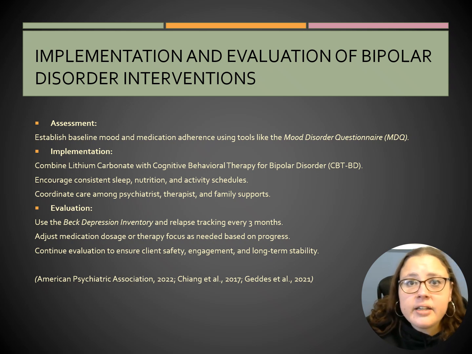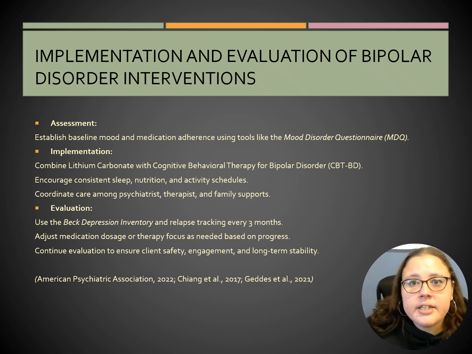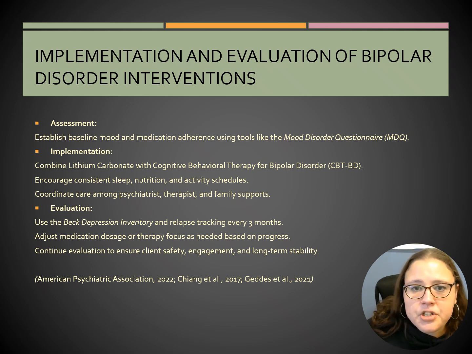In practice, effective care follows a cycle of assessment, intervention, and evaluation. Assessment starts with baseline mood tracking using questions like the Mood Disorder Questionnaire. Implementation comes with medication, often lithium, with weekly CBT-BD sessions, and consistent communication among the psychiatrist, therapist, and family.